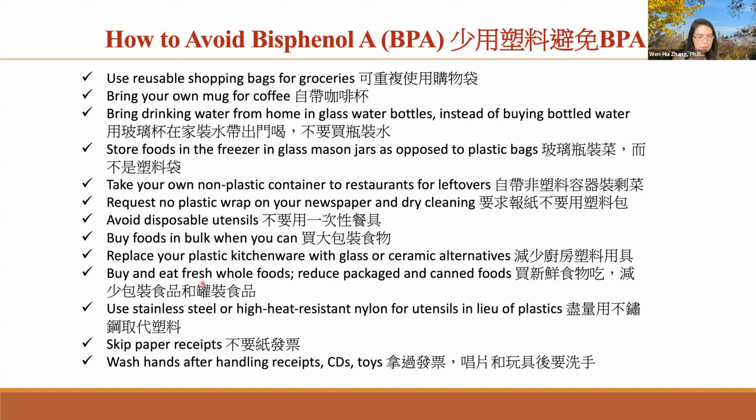And buy and eat fresh whole foods. We have been really emphasizing fresh whole foods, reduce packaged and canned foods, and use stainless steel or high heat resistant nylon for utensils instead of plastics, and skip paper receipts.